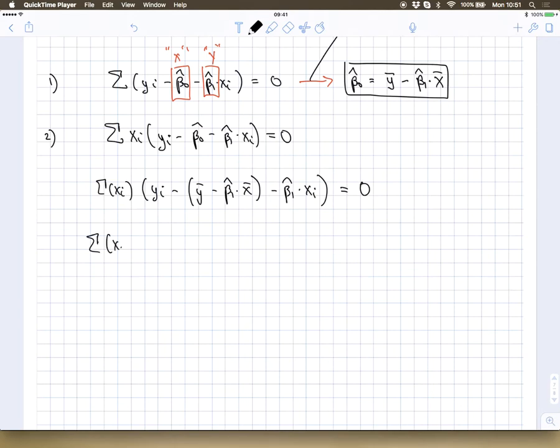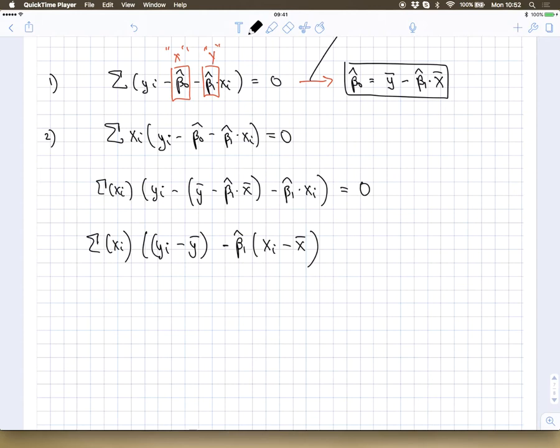Sum xi, I'm going to rearrange stuff a little bit here. Yi minus y bar, minus beta 1 hat, xi minus x bar.